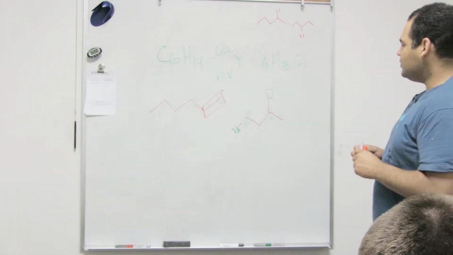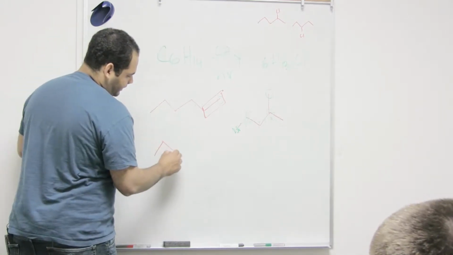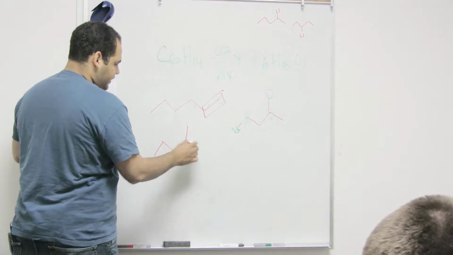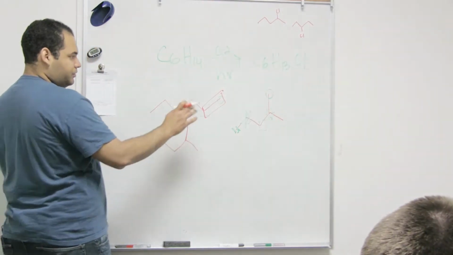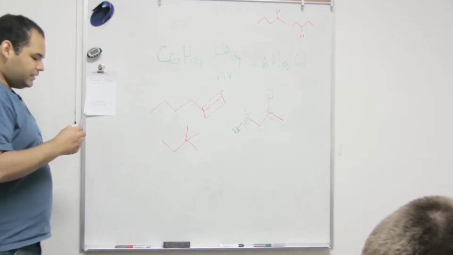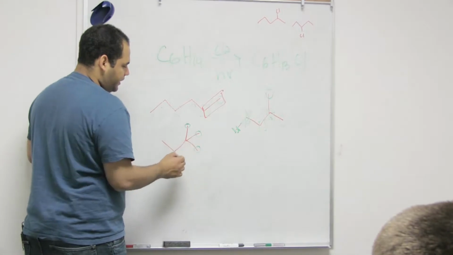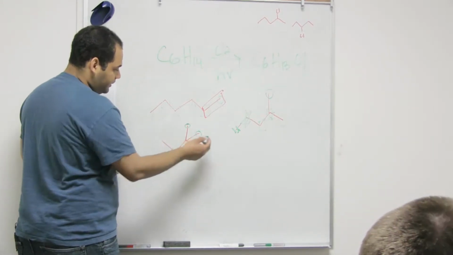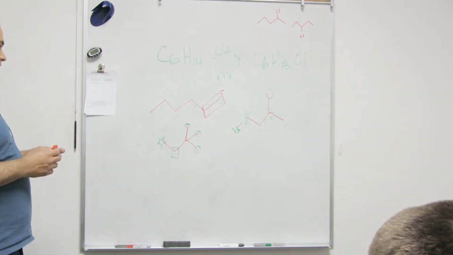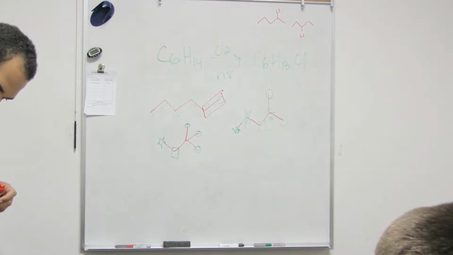So now let's do, instead of a methyl there, let's do 1, 2, 3, 4, 5, 6. Okay, let's do this one. So on here, I have 1, 2, 3. That doesn't give me what I want.